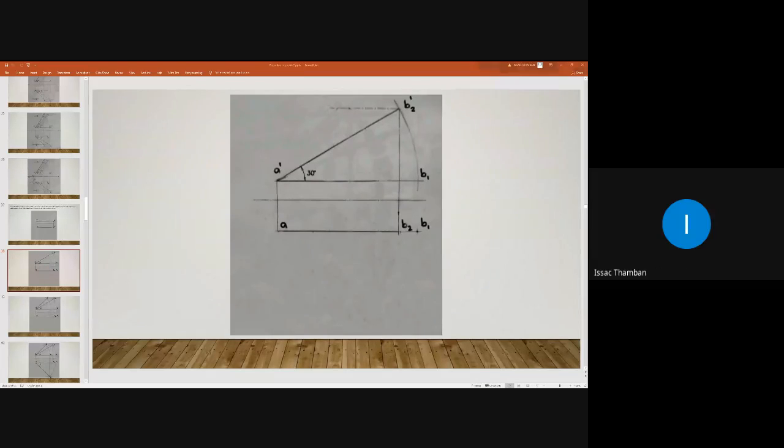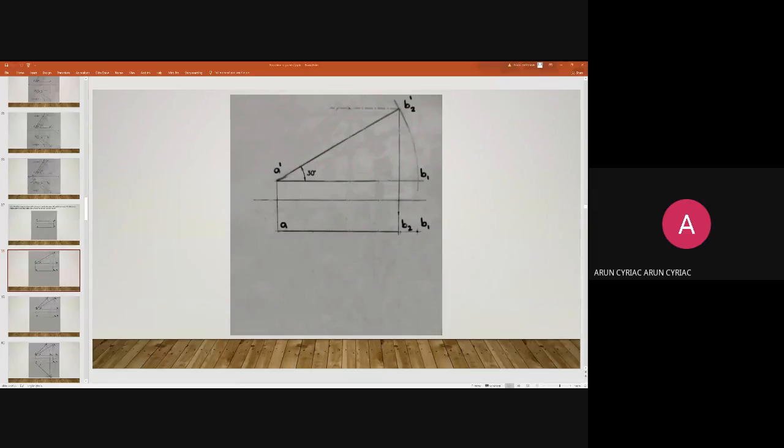Have you obtained AB2? Yes, sir. What is the length? What is the plan length? Sir, 88 millimeter. 88 mm.